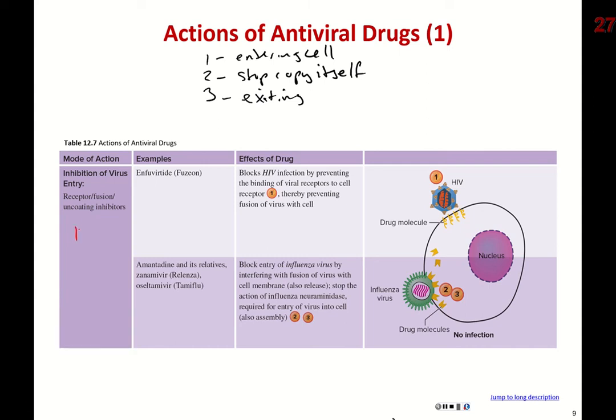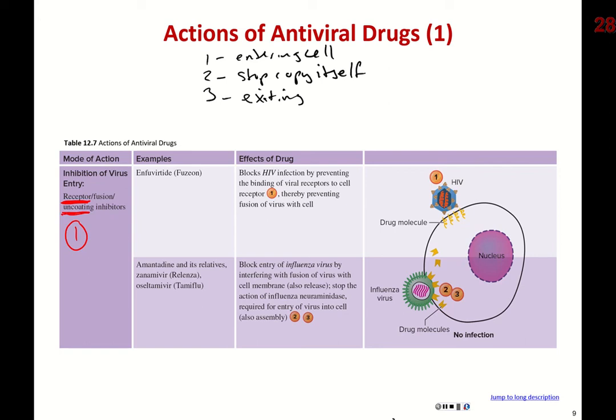Okay, so this one is for step one. What we're doing here is maybe we can block the receptor. So there's a receptor on the host cell. If we block that receptor, then the virus can't touch it and cannot be brought into the cell through endocytosis. We could also stop fusion, or we could stop uncoating, right?